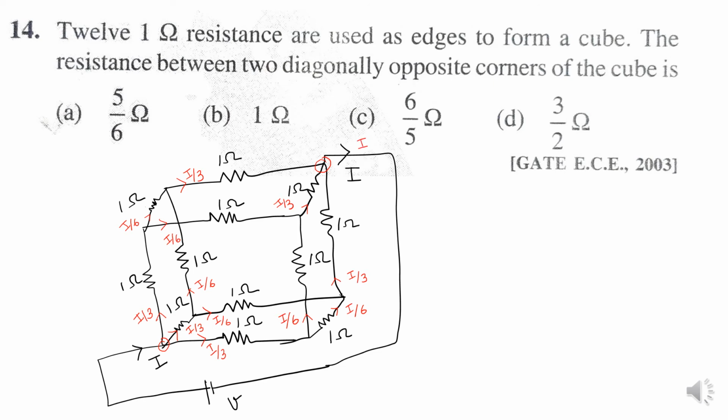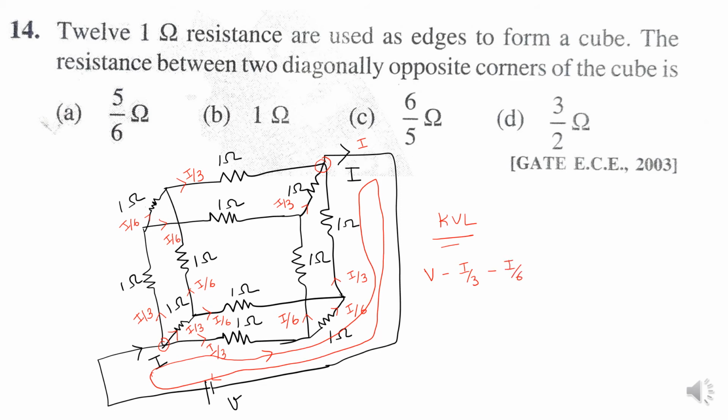Now I consider this a closed loop, with this loop direction, and apply Kirchhoff's voltage law. So apply KVL. Here V is the voltage rise, and the voltage drops are minus I by 3, then minus I by 6, and minus I by 3, equal to 0.